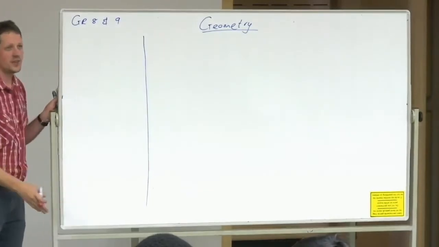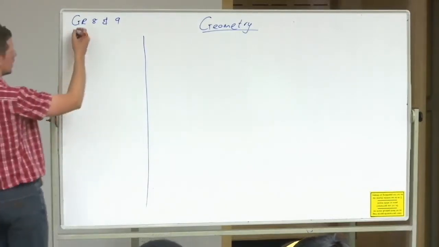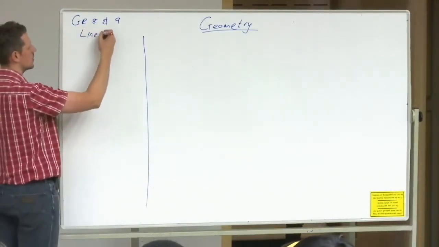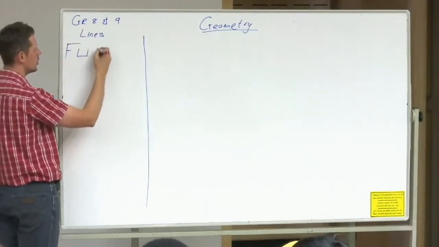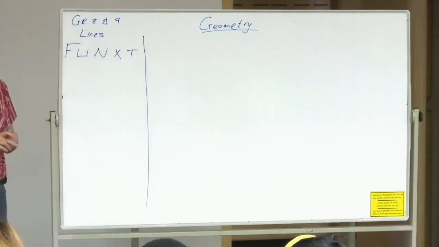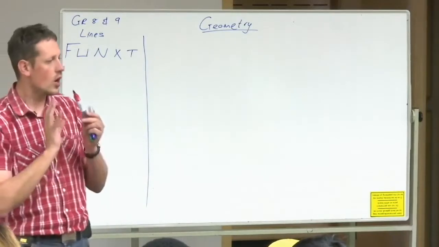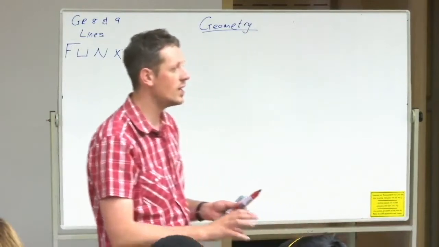Because you won't believe how often grade 8 and 9 maths comes into your syllabus. First of all, you've got your lines, which is your F, your U, your N, your X, your T. Now all of these are in your book that I handed out to you guys.